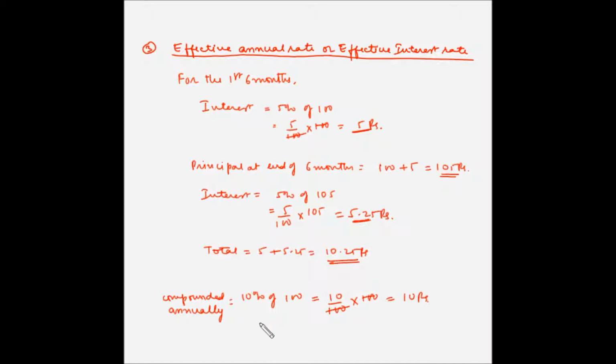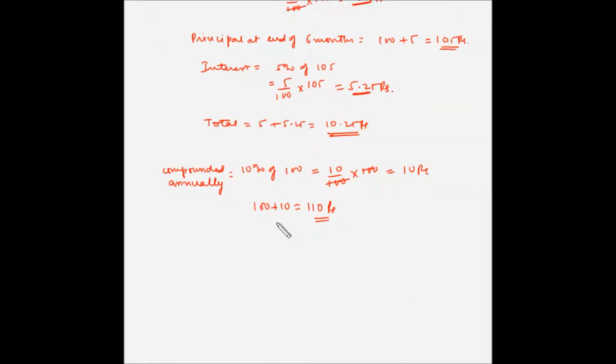So the total amount at the end of 1 year would have been 100 plus 10, which is 110 rupees. So basically, you received more interest overall under semi-annual compounding because you earned interest on the interest earned during the first 6 months. And you will get still higher amount if the compounding is done quarterly or monthly.